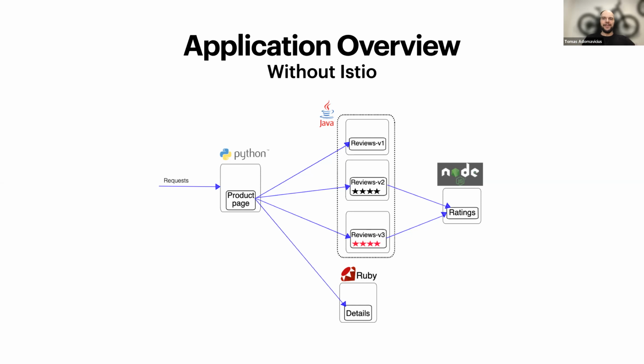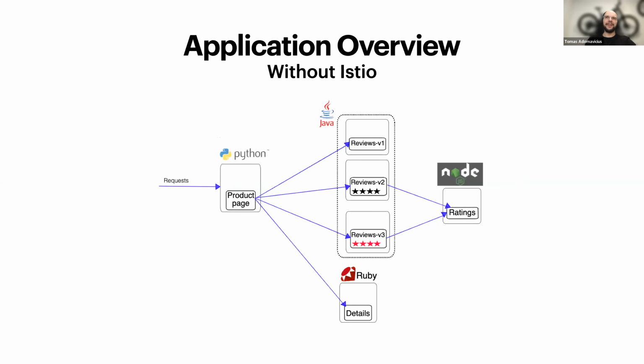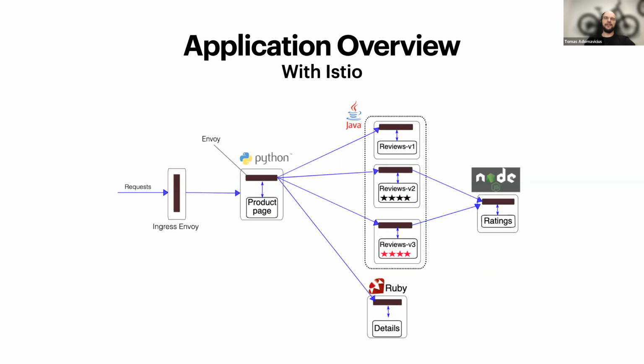So this is the application without Istio, and this is the application with Istio, which acts exactly the same as the application without Istio, but then I'll demonstrate how we could easily change the way the traffic flows to one or the other service by just simply changing the CRs of Istio.